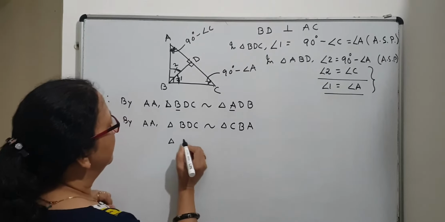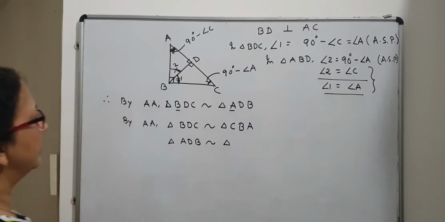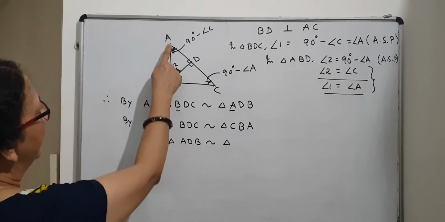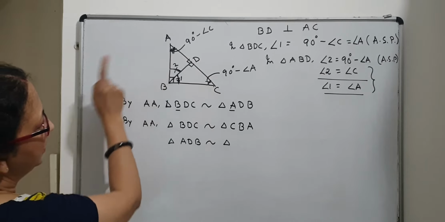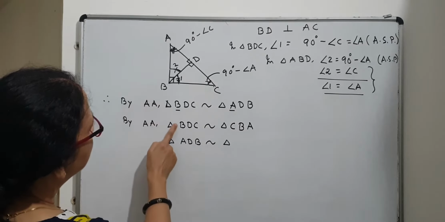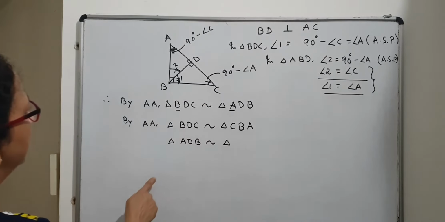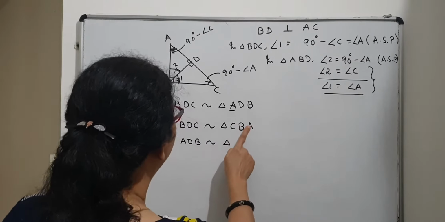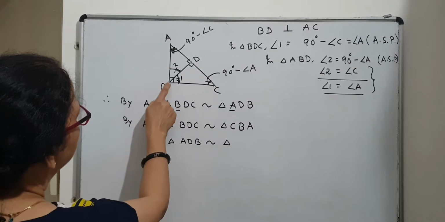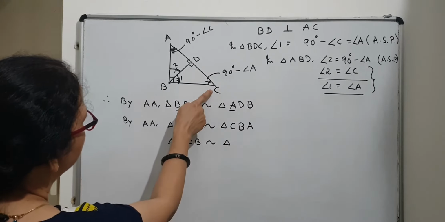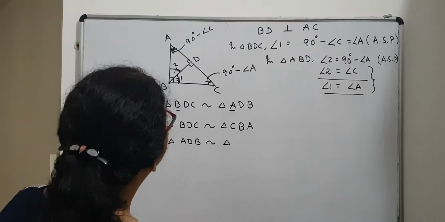And triangle ADB will be similar to triangle, if you consider in ADB, this angle A is equal to, now this A is, just a minute, let me check this BDC, and if I consider the big triangle, this B is equal to this C, right, and D is equal to B and A, okay.